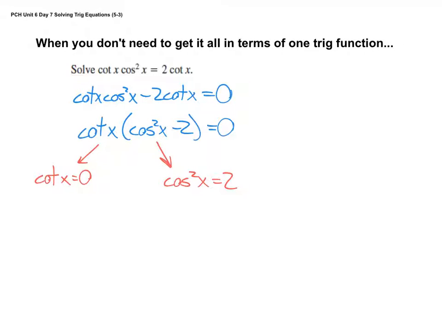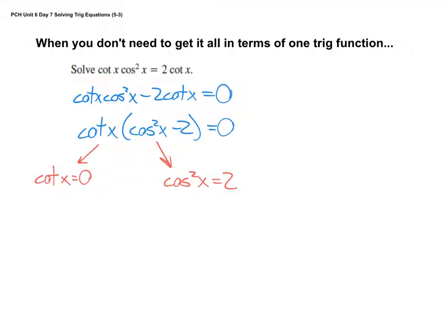What would x be if cotangent of x equaled 0? If cotangent of x is 0, what has to equal 0? Cosine would have to be 0.